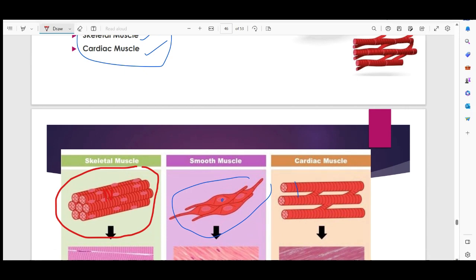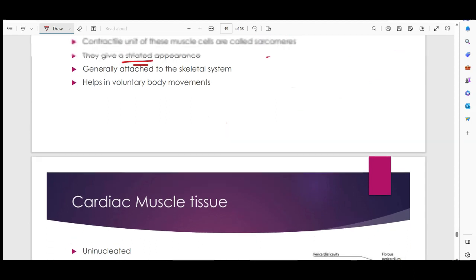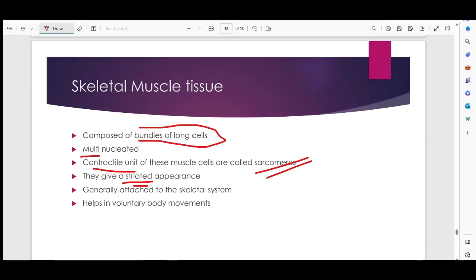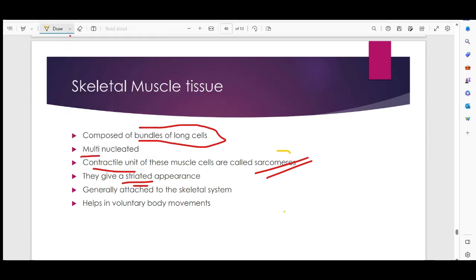These are known as striations, and the reason for having striations is having sarcomeres. Smooth muscle cells don't have sarcomeres, so they don't have striations. Skeletal muscle cells have striations because they have sarcomeres in them. That's what you have to remember.